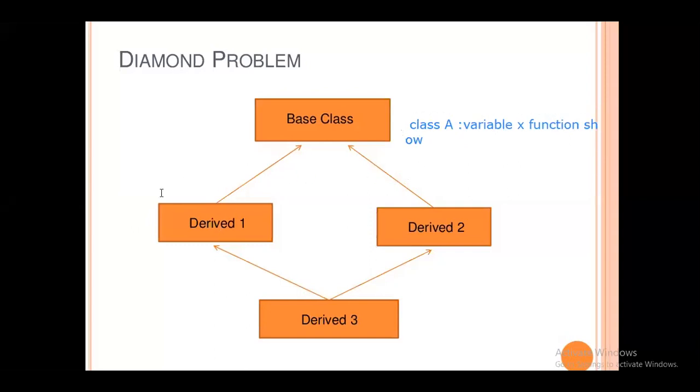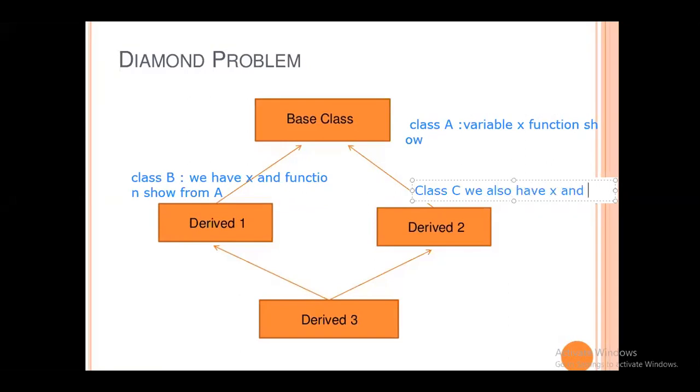Now from class A, we derive class B. So we have variable x and function show from A. As we derive, we will have x and the show function from A. The same goes for class C, where we also have x and function show from A. So far it's good, it's not a problem.